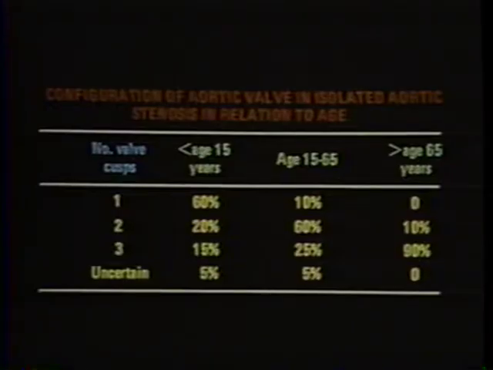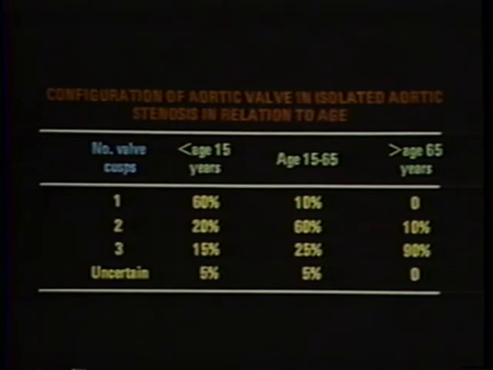This slide is an attempt to show the structure of the aortic valve, and that is the number of aortic valve cusps in patients with aortic stenosis. And this is isolated aortic stenosis, that is normal mitral function. It shows that in the age group under 15, the most common valve structure is a single cusp.